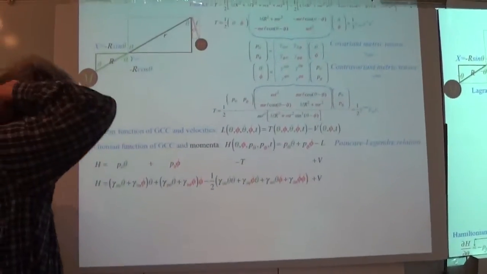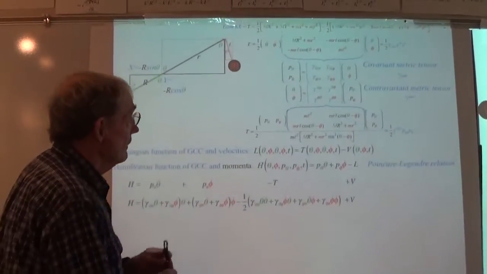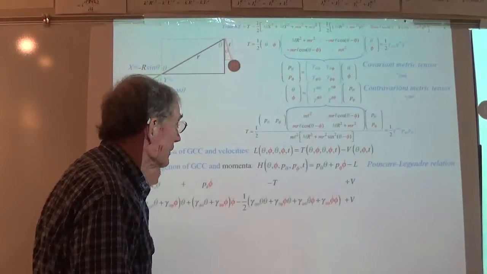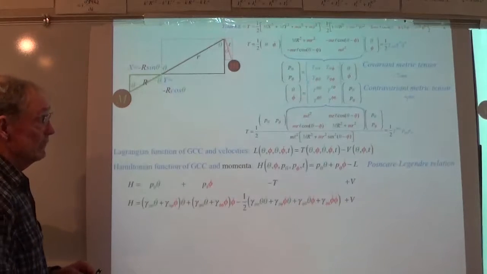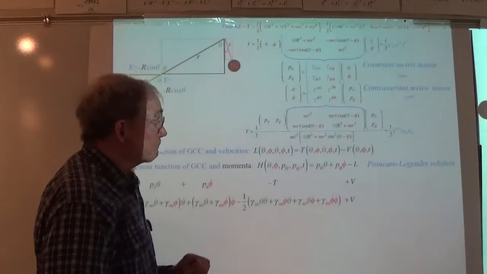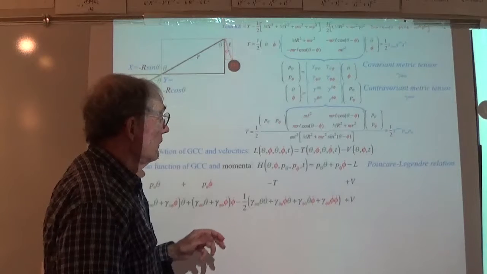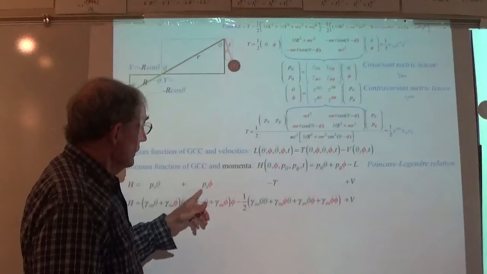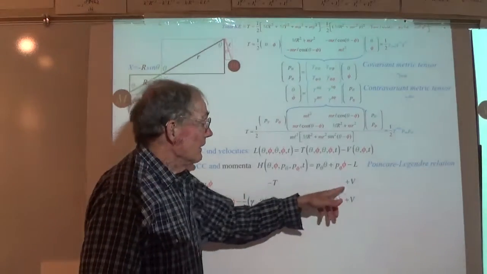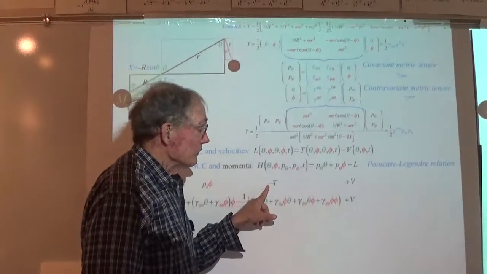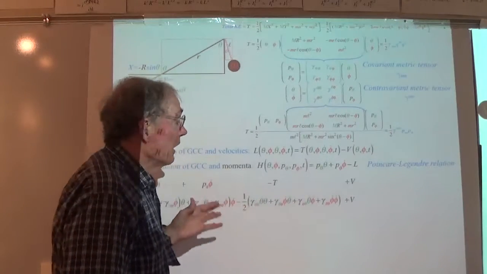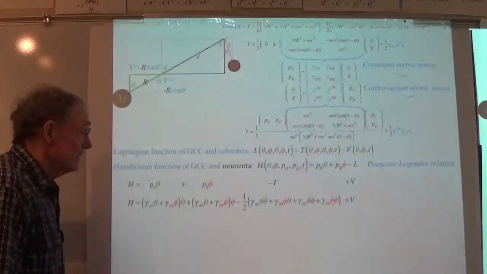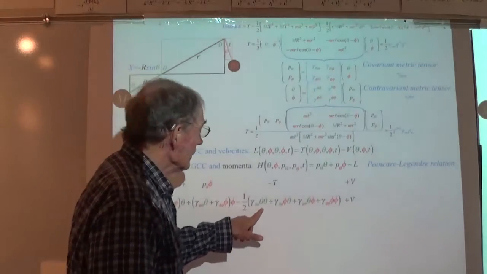Because what we're going to have to do here is write our kinetic energy in terms of momentum instead of in terms of velocities. So that's what we're setting up to do here. And one of the things that occurs right away when you do that, you go ahead and put the Poincare form and then subtract the Lagrangian, okay, and since the Lagrangian's T minus V, you get a minus T plus V, okay, and then you get this thing here, which is 1/2.